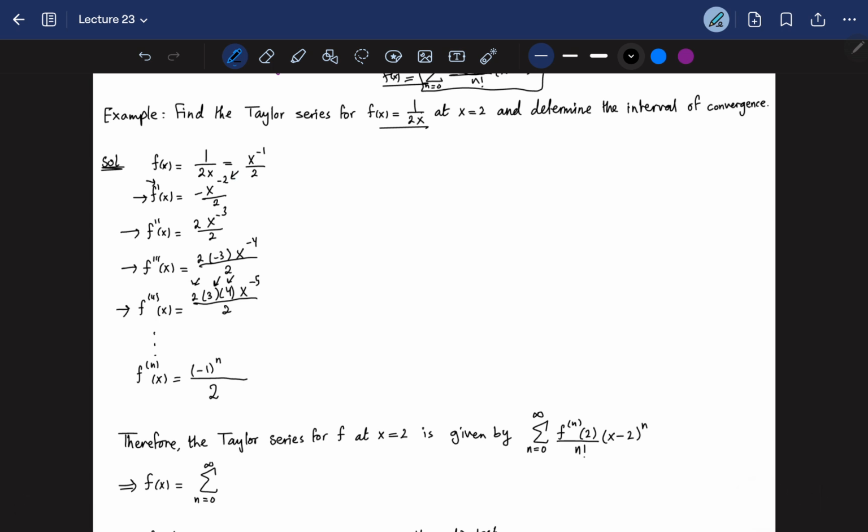Don't mind the negative. I can take it to the denominator. That's not a problem. When it was a second derivative, I got 3. So I'm raising the exponent to the same degree of the derivative, but I have a plus 1. So I'm going to have x to the n plus 1. And I took it to the denominator to make it positive.